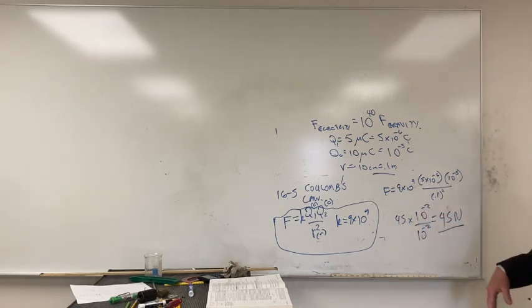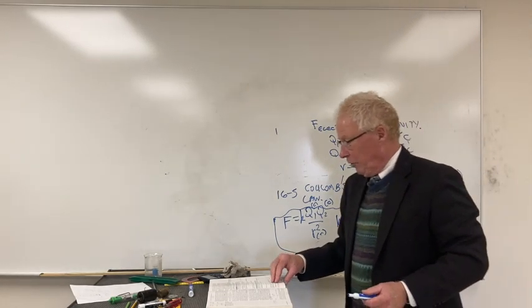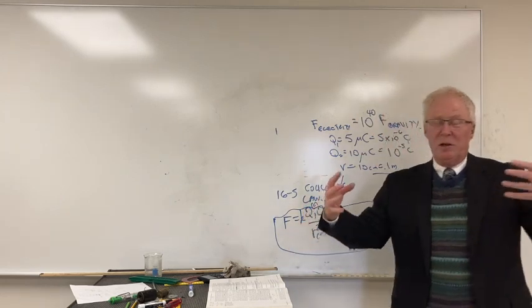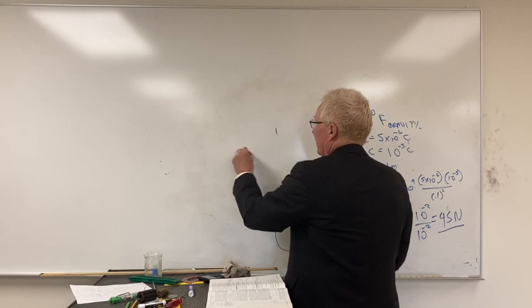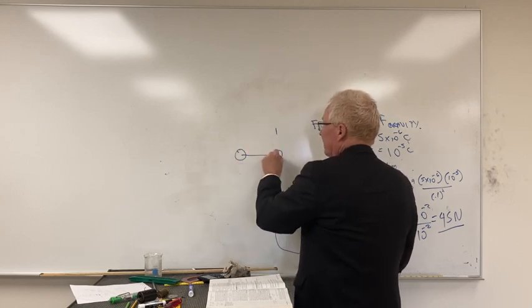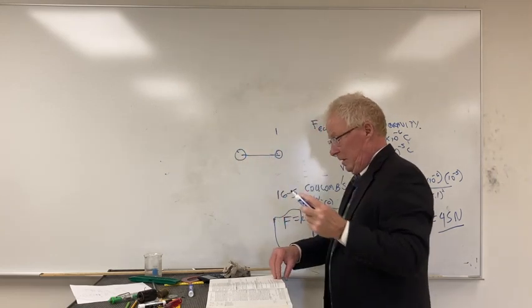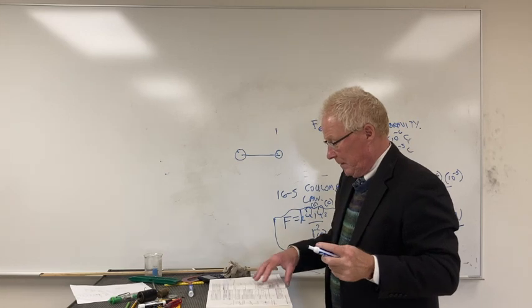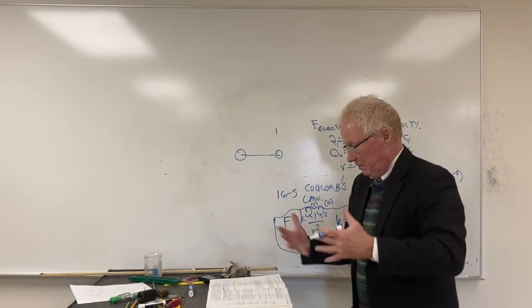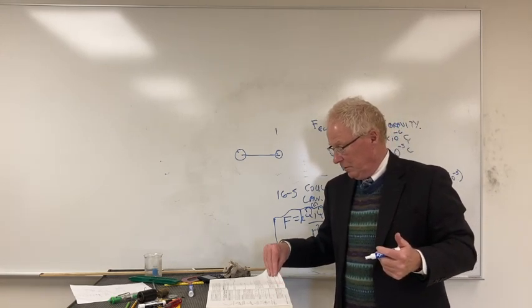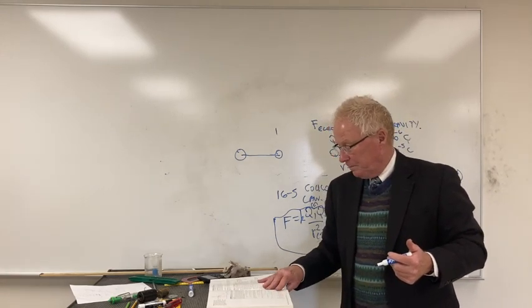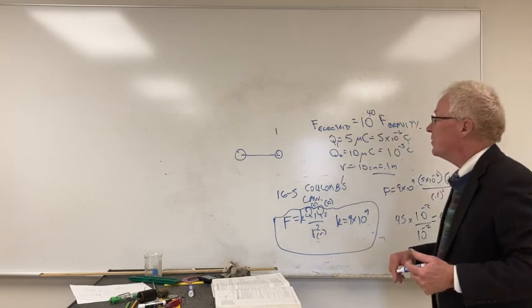So this is what we're going to be using here, and we're only going to be dealing with two charges in a line, separate from each other. I'm skipping the section on vectors and charges in different directions. So you can look at some of the problems there.